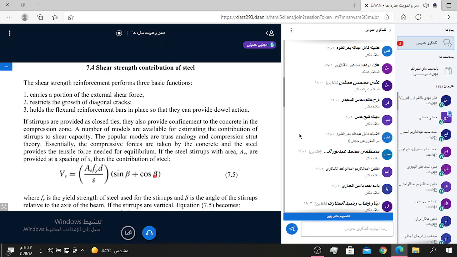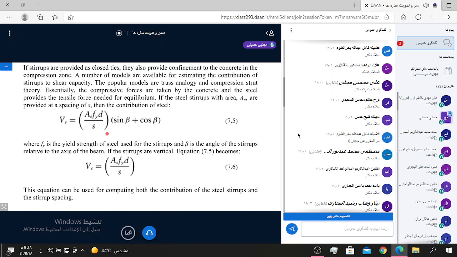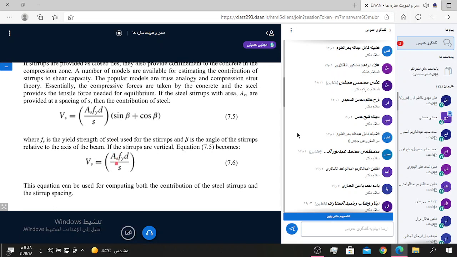If steel stirrups with area Av are provided at a spacing of s, then for the contribution of steel you can use one of these formulas to compute the shear contribution of steel.